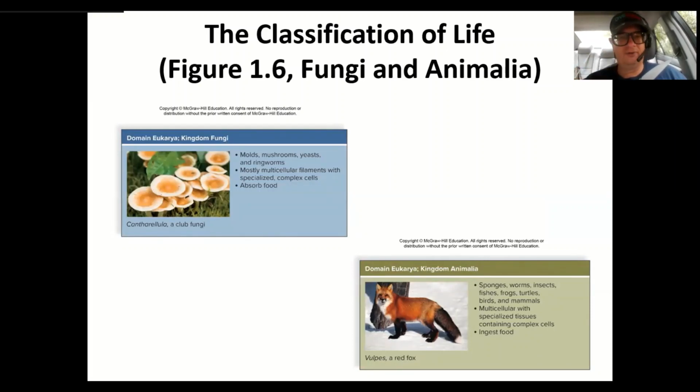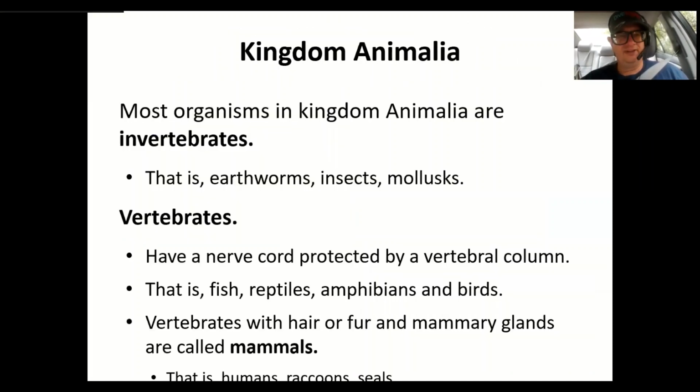That's pretty straightforward. You already know that we're talking about mostly multicellular stuff. You know, you have to ingest food to survive. Okay, so most organisms in Animalia are invertebrates. And they say earthworms, insects, mollusks. Yeah, insects. The crustaceans are everywhere.